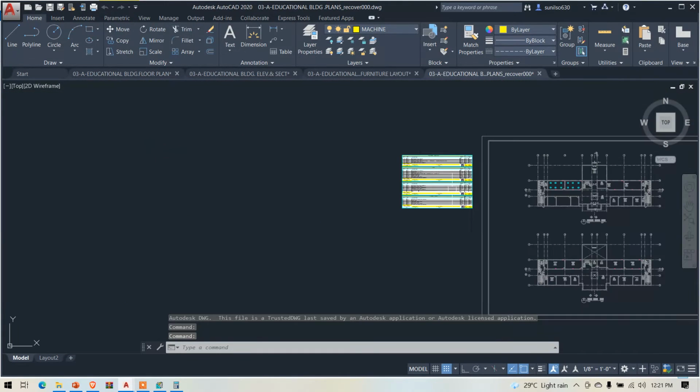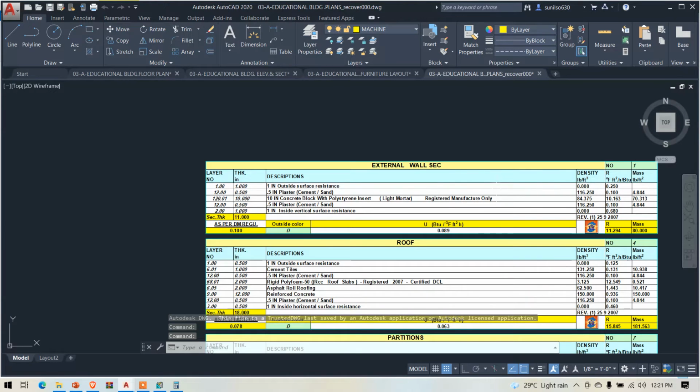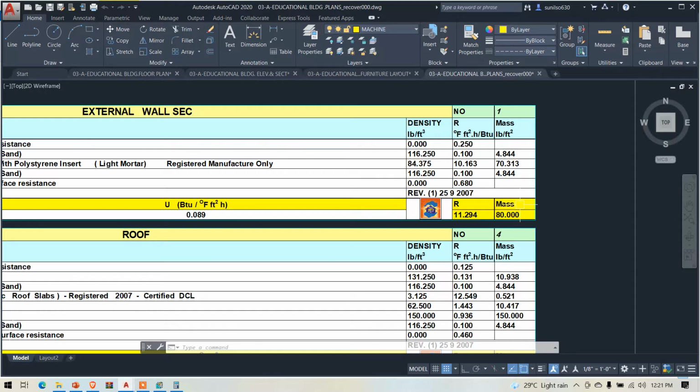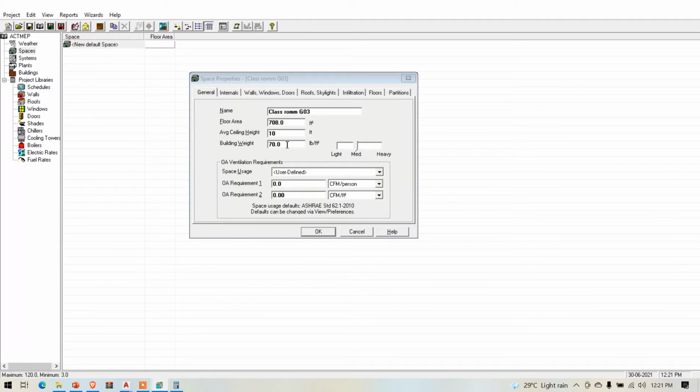So these are the values. Right now we are calculating for the wall, and here they are giving the mass. Mass is nothing but the wall weight. What is the wall weight over here? That is 80. So here we have to consider the wall weight, building weight is nothing but 80.